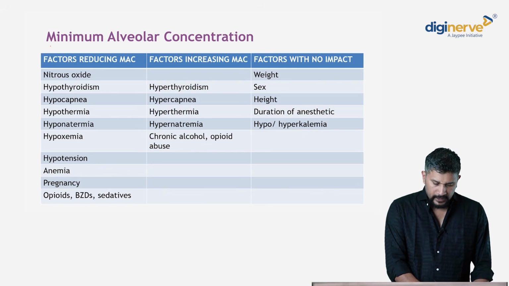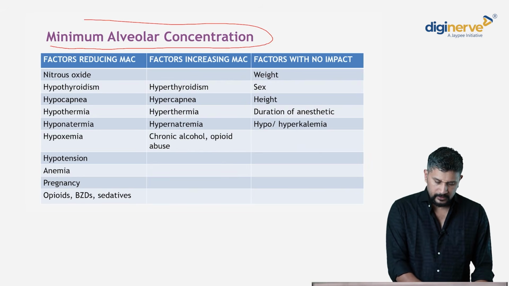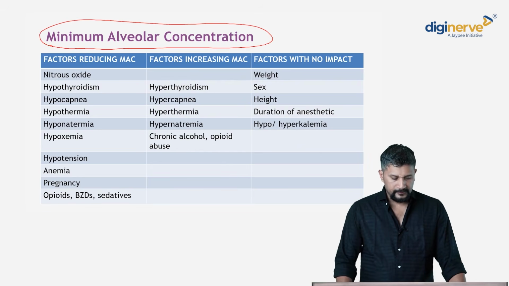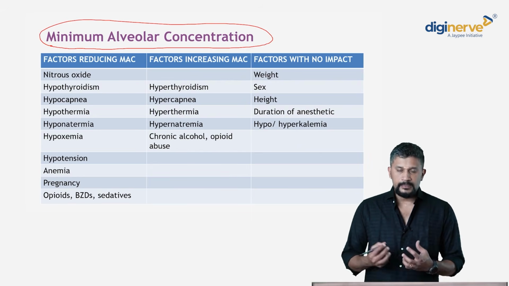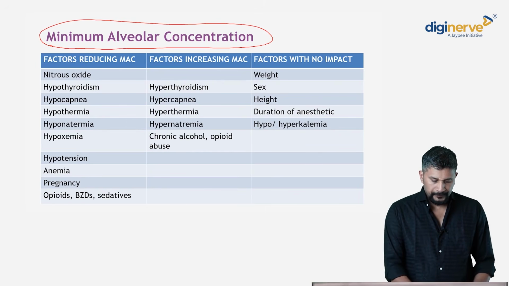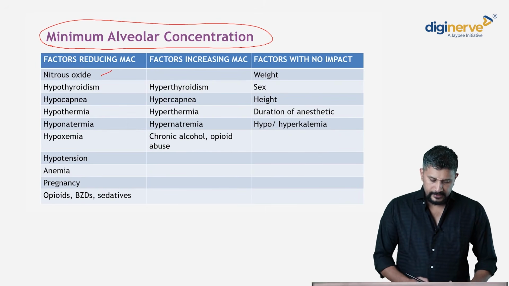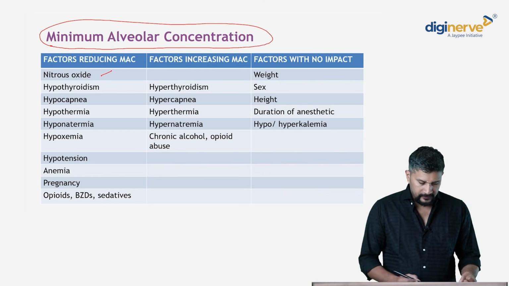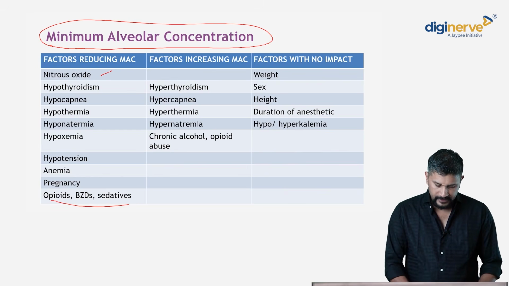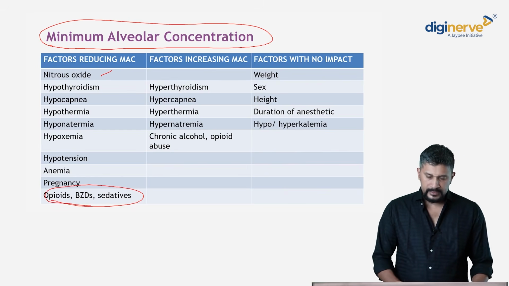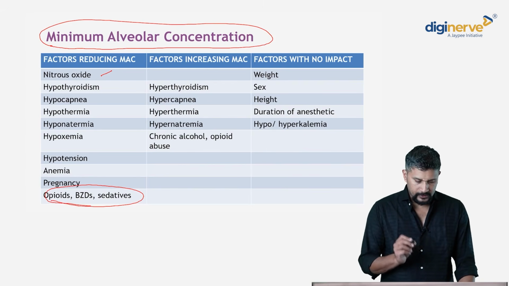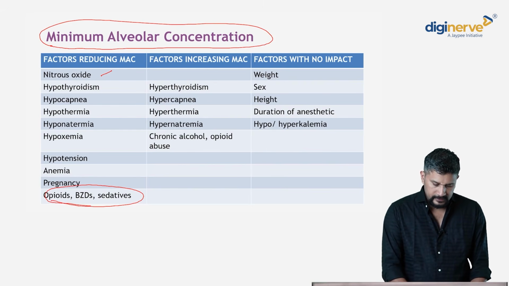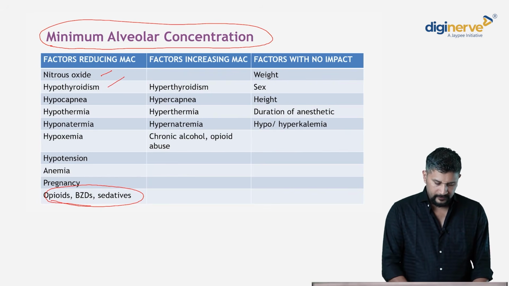The next thing we need to look at as far as the minimum alveolar concentration is concerned is the factors that reduce and increase your MAC value. So agents such as nitrous oxide tend to reduce your MAC value. We've already seen that premedication with opioids, benzodiazepines and sedatives tends to reduce your MAC value. There are certain diseases like hypothyroidism which tend to reduce your MAC value.